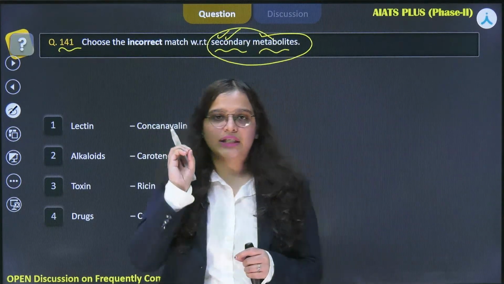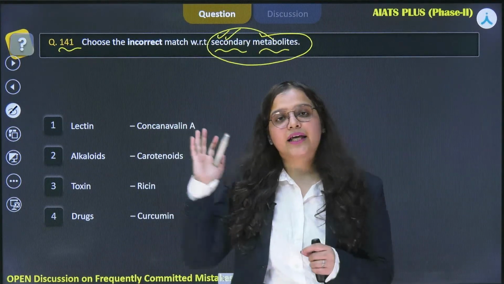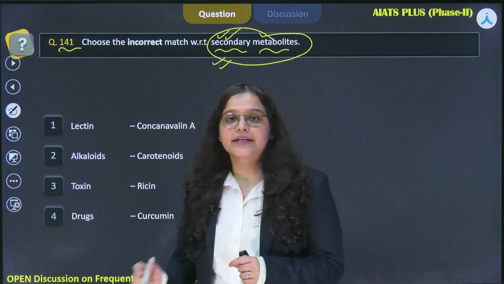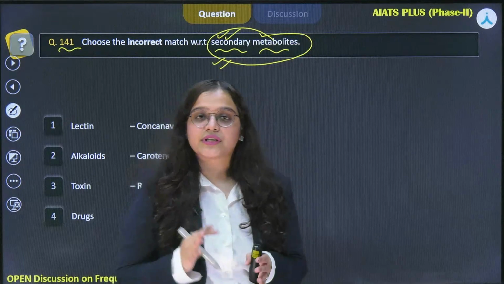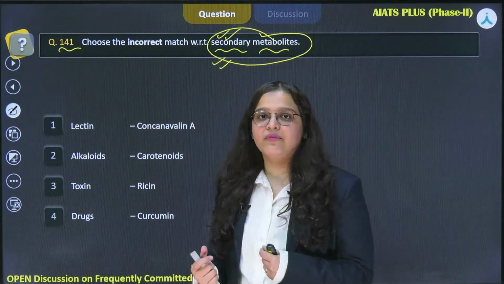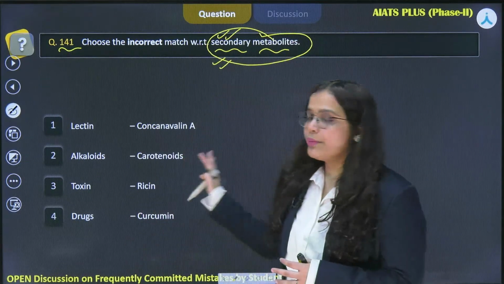Means that in any one question, either a statement or an option is there from this secondary metabolite concept. So this is a very important concept and it seems insignificant, but we should remember it thoroughly.